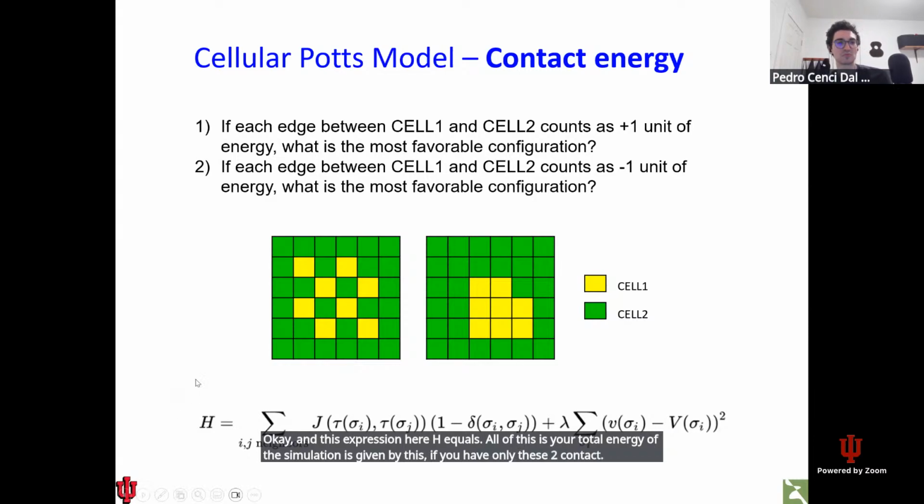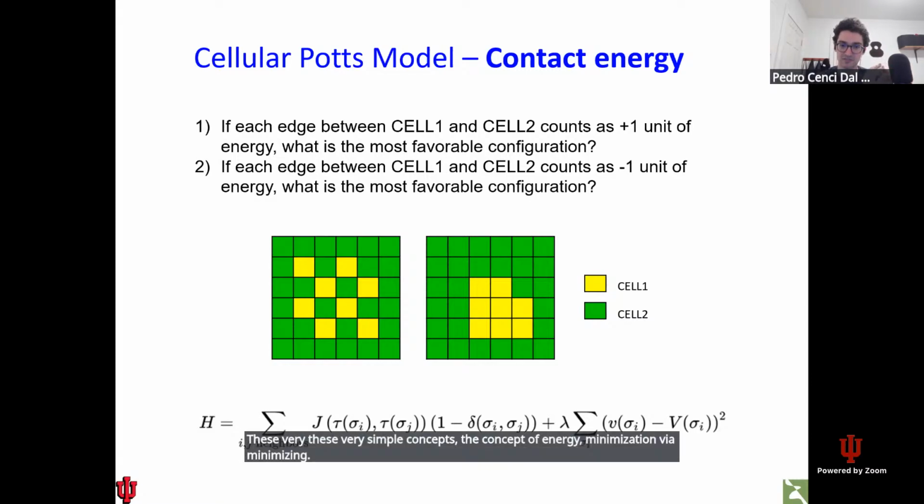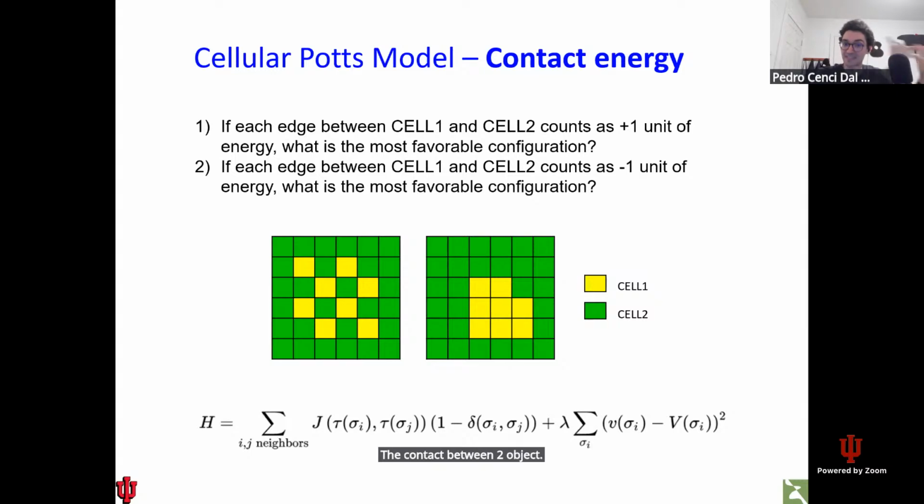This is something that will show up in papers, will show up on Wikipedia, etc. I just want you to remember these very simple concepts. The concept of energy minimization via minimizing the edges, the contact between two objects, or via maximizing the contact with two objects.